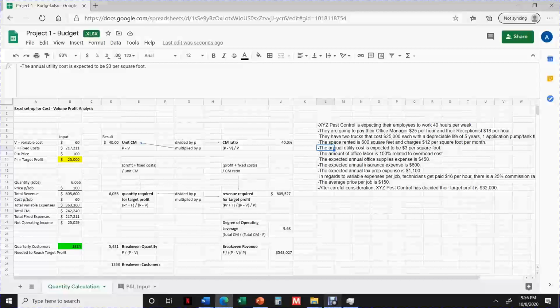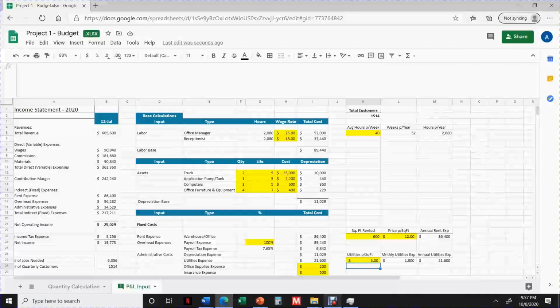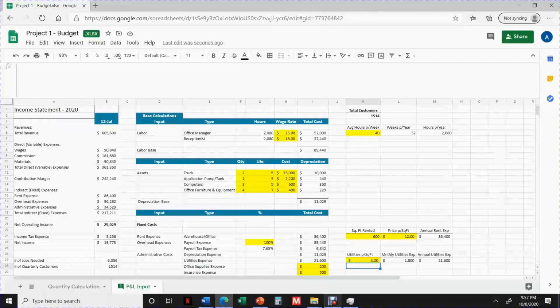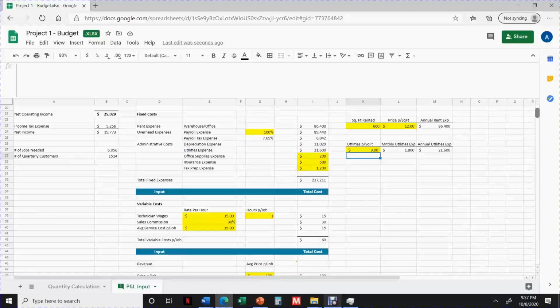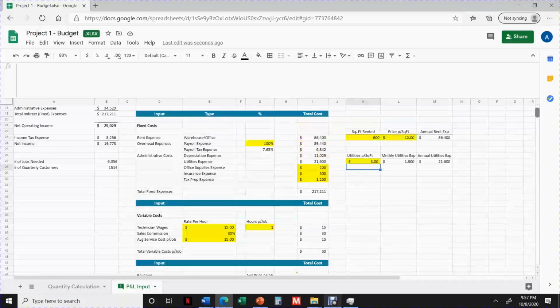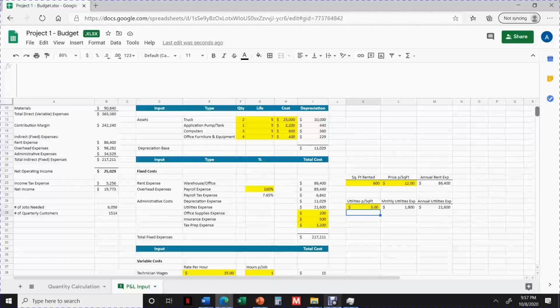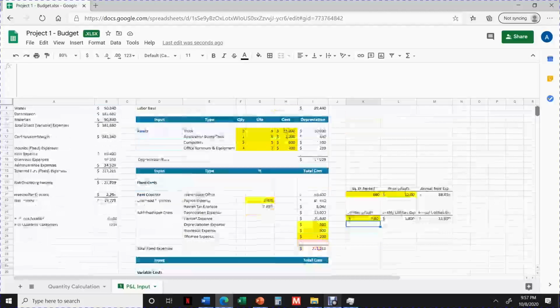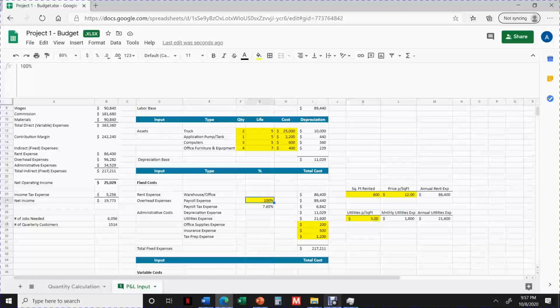The amount of officer labor is 100% related to overhead cost. Seems like we don't have to change that because our payroll expenses are already at 100%, which is good. It means everything is included there.